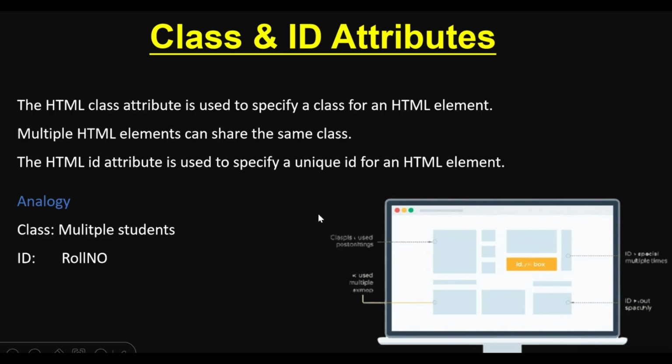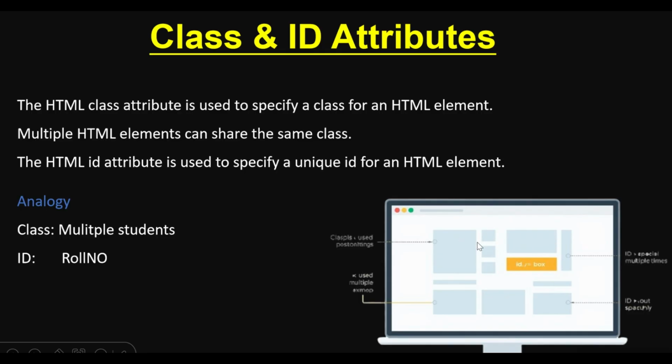So what is the summary? The summary is that a class can be assigned to multiple elements. Let's see this example, that these elements have the same color and same class. So you can see that these blue elements all have the same class.